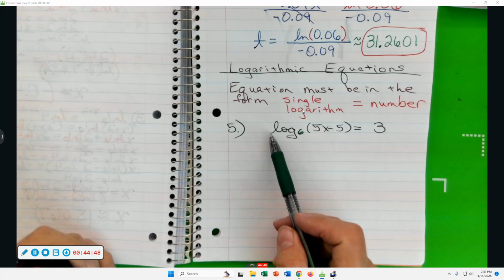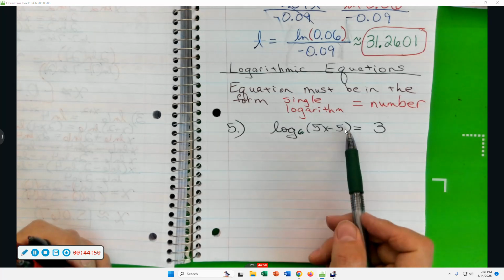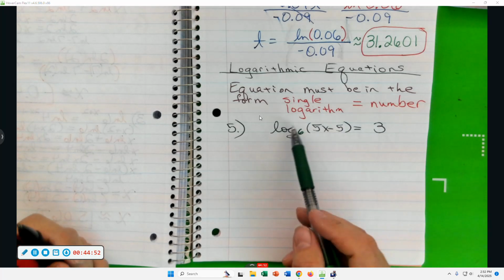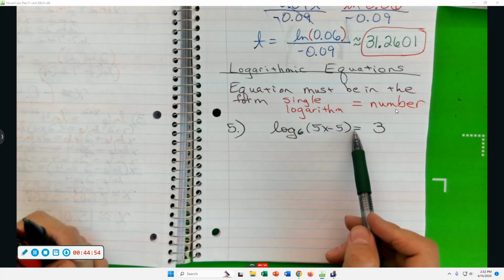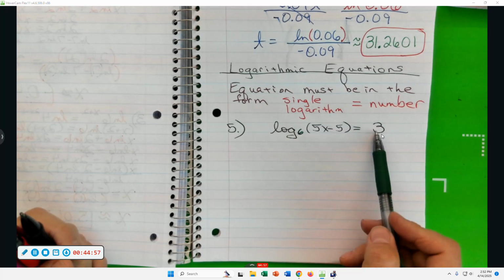This is already in the form we need. We don't have log plus log or log minus log. It's a single logarithm equals just a number on the other side.